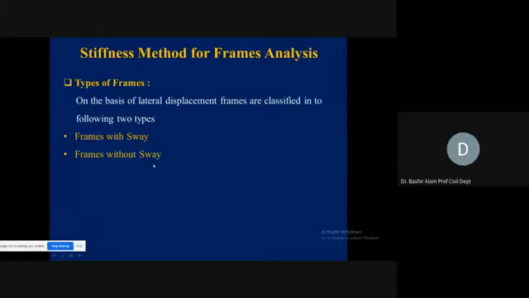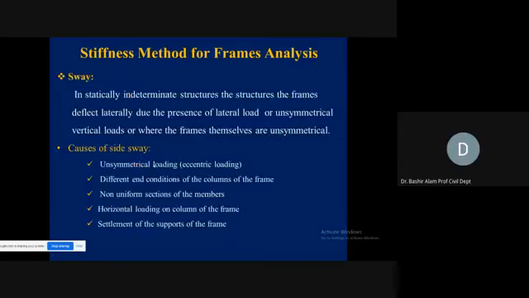But in case of sway, the frame as a whole at that level moves laterally. It has lateral displacement. So one is frame with sway and one is without sway. Without sway we always call a non-sway frame also. Non-sway frame means it does not have lateral displacement, while frames with sway have lateral displacement.